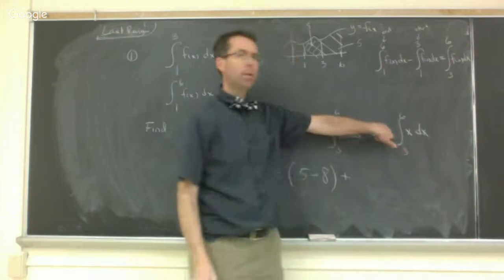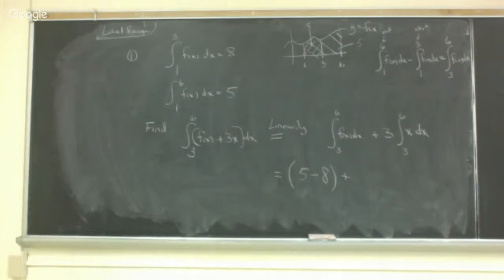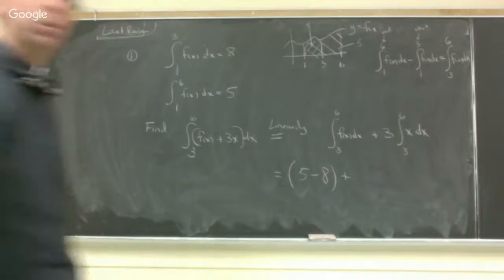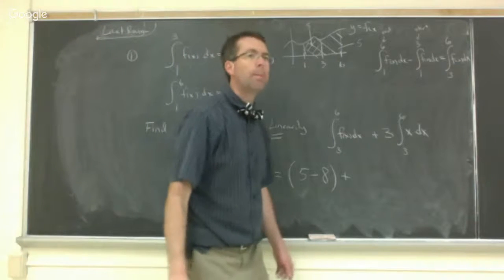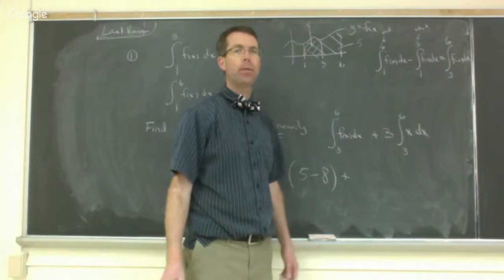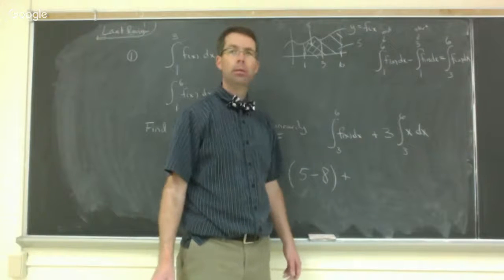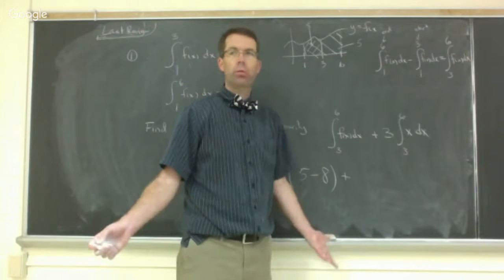Then how am I going to do the second piece? How would I integrate x? Don't think too hard. We have a really easy way of doing these now. We're just going to use the rule.